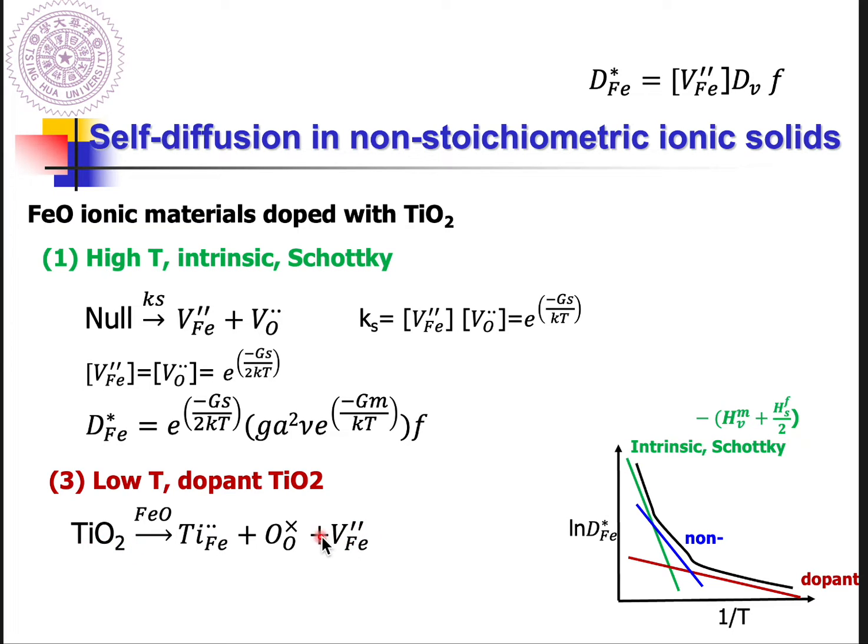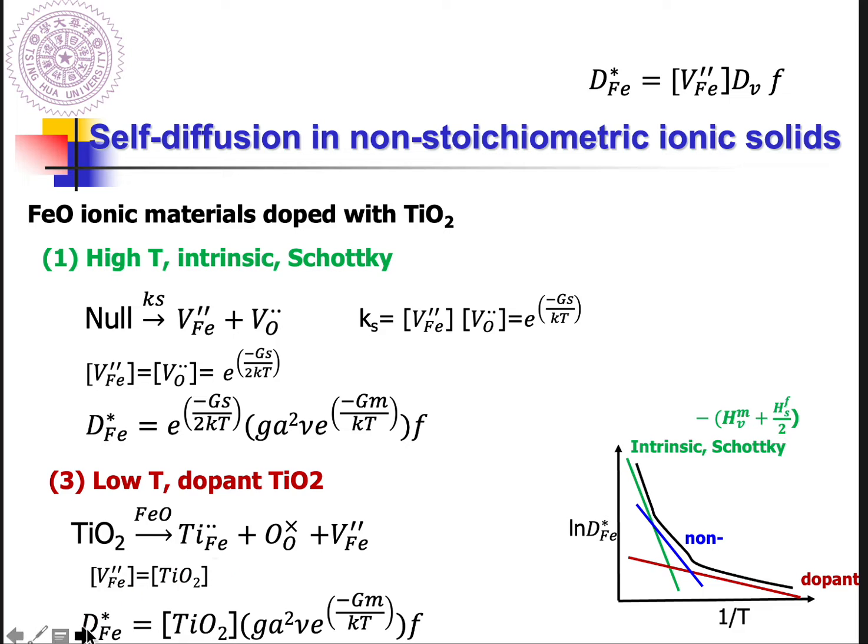So you get a vacancy at the iron side with 2 negative charge. The purpose here is we need to know the concentration or vacancy fraction at the iron side. Here, for 1 mole, you have 1 mole of TiO2, that is, how much dopant TiO2 you are going to dope in this material.